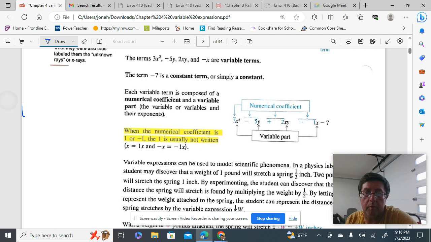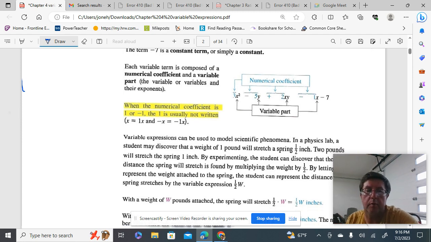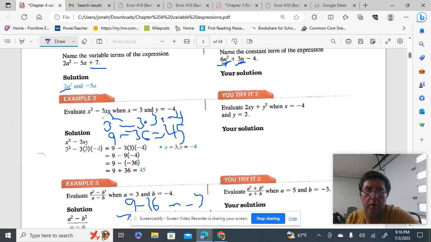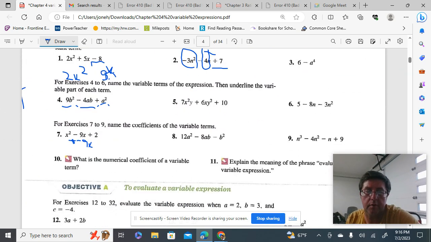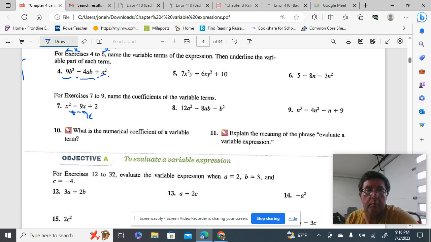When it asks for the numerical coefficient, for this one it would be 9. Technically for this one it would be 1, because you have 1x squared. You don't have to include the x squared, and the variable term is the x squared.